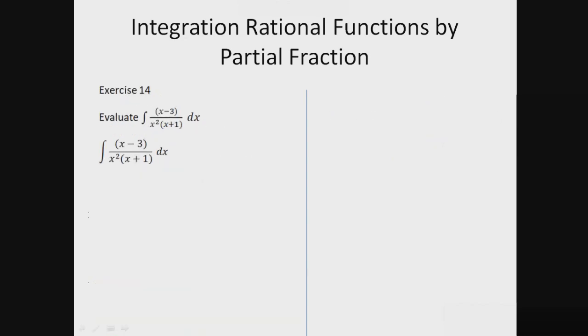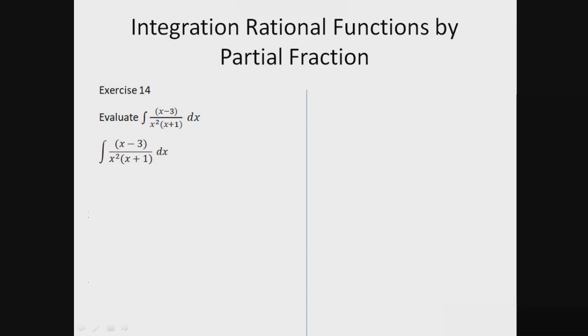Let's move to exercise 14. Evaluate the integral of (x minus 3) over x squared (x plus 1). So at the denominator here, we have a product where one of the factors is a power.